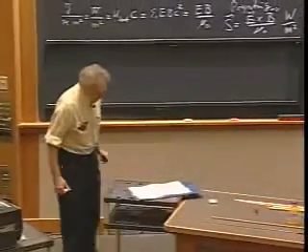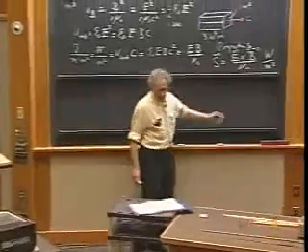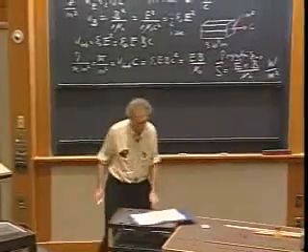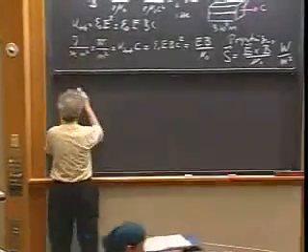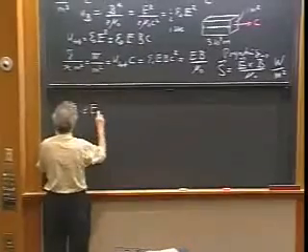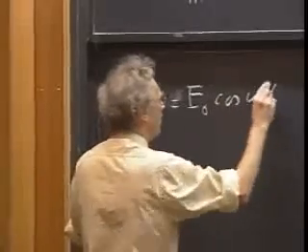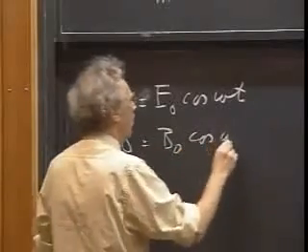Now both E and B are time variable. And so the Poynting vector will obviously also be time variable. You can write E as some E0 times cosine omega t, and B is some B0 times cosine omega t.